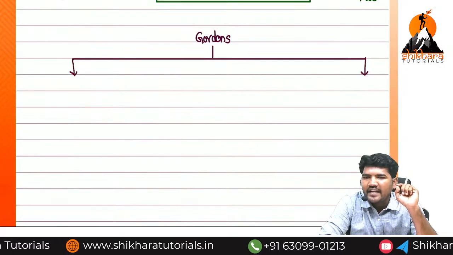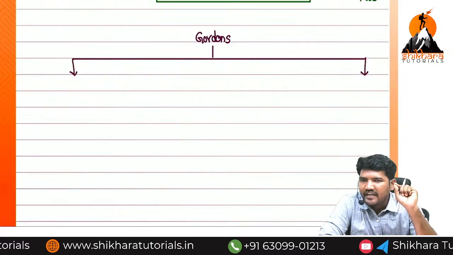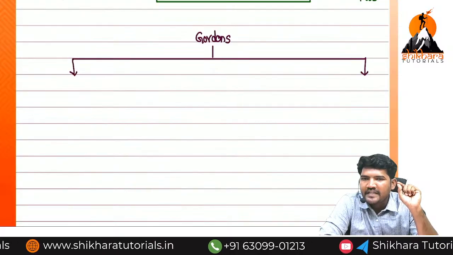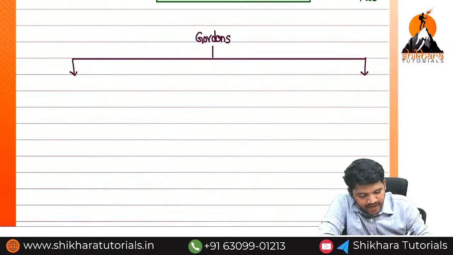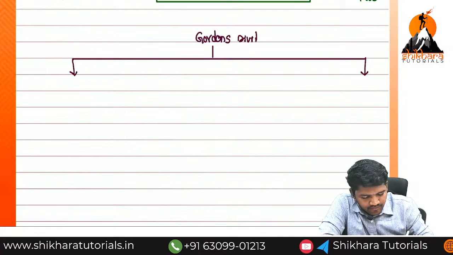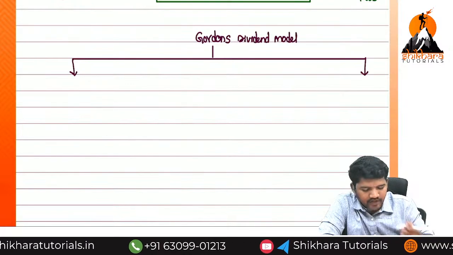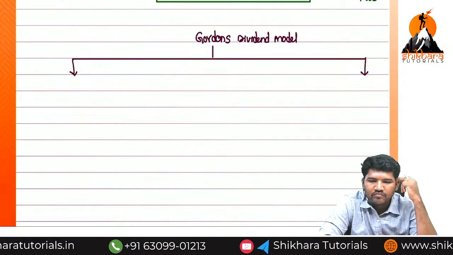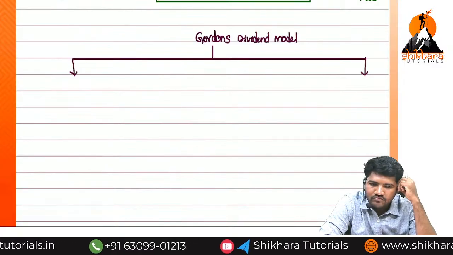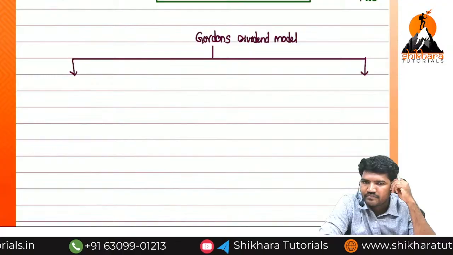So here we are calculating P naught based on dividends. Gordon's dividend model is the full name.